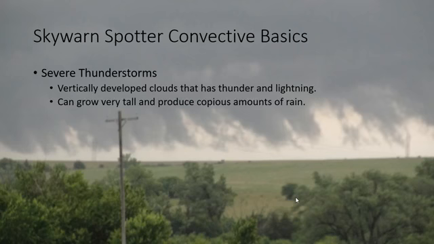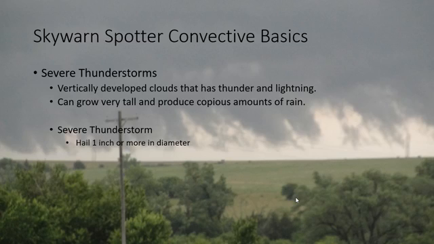They grow very tall and produce copious amounts of rain. Here's what I was looking for. I got a little bit ahead of myself. A severe thunderstorm, well, how the NWS considers a thunderstorm to be a severe thunderstorm has to meet certain criteria.